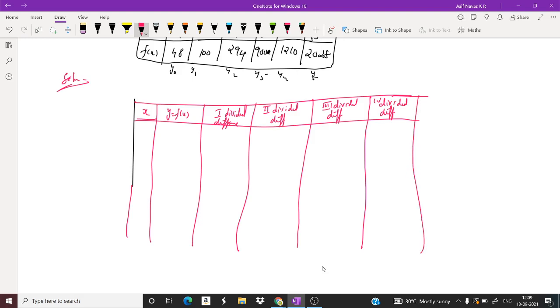So first you draw this table, then I will write the x values 4, 5, 7, 10, 11, 13.